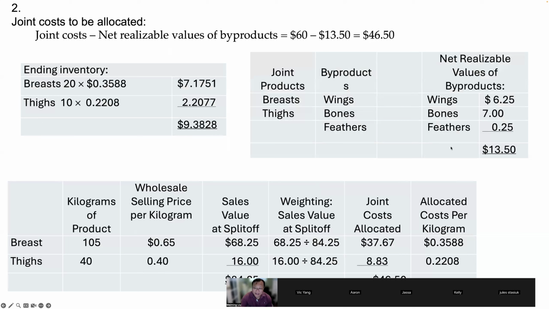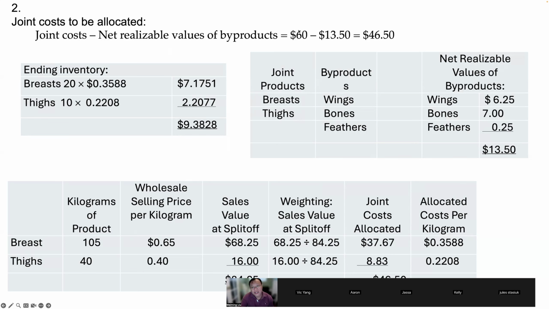So if I sell all the wings, the bones, and the feathers, I can get back $13.50, right? So this is the byproduct. So the idea here is when I have this byproduct, I would just treat this revenue from the byproduct as a way to recover some of my cost. So what's my total cost?